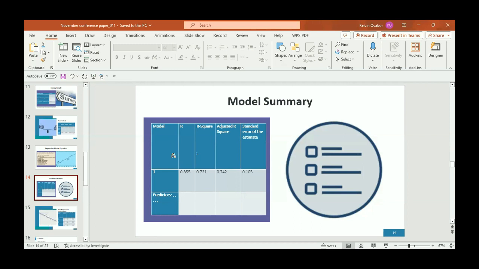The R square itself, which is 0.731, is the coefficient of determination, which is explained by the regression model. For multiple regressions, we know the R square increases or remains the same as we add new predictors to the model. The adjusted R square only increases if the newly added predictor improves the model predicting power, which determines the goodness of fit.